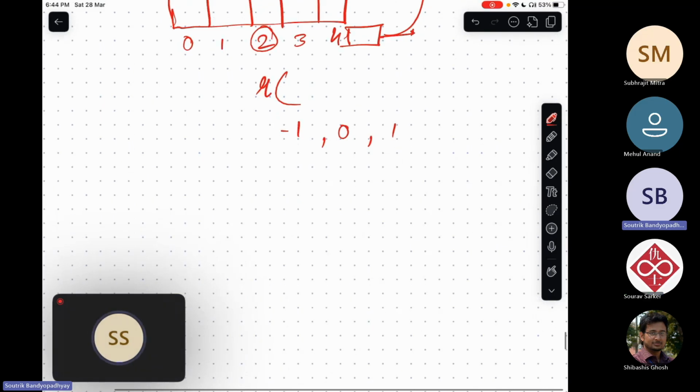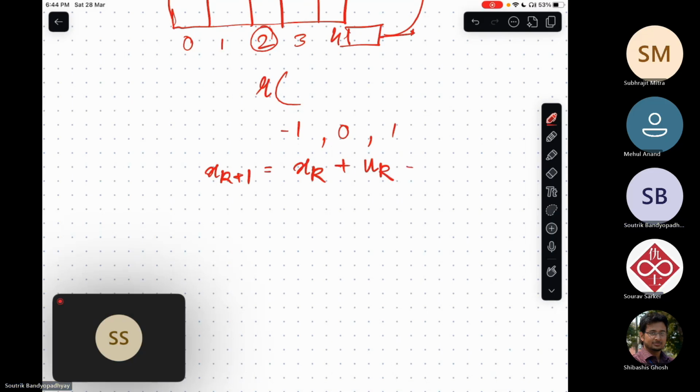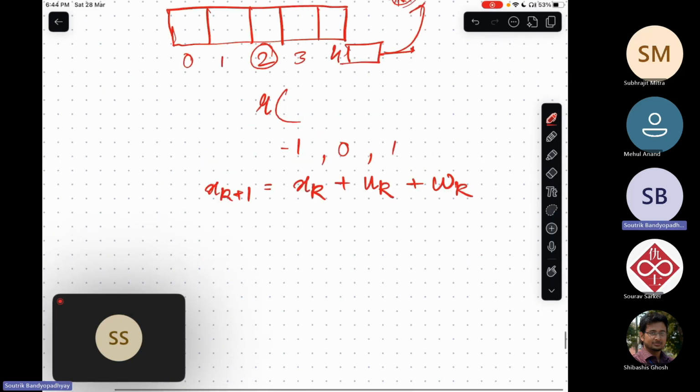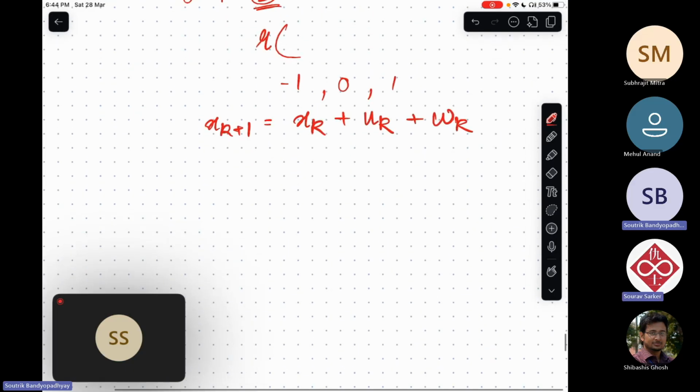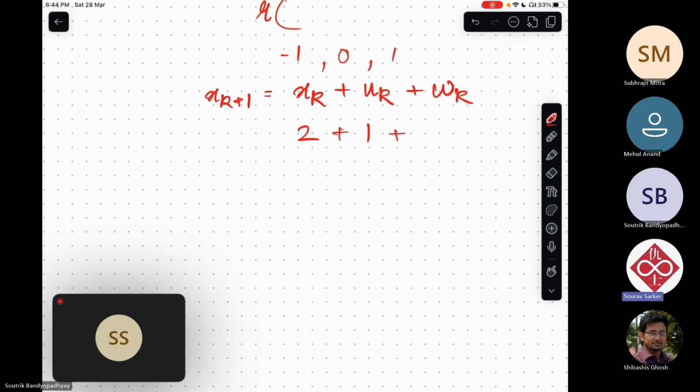Let's say this is the dynamics: x_{k+1} equals the current state x_k plus this action u_k plus some noise, right? So if I am sitting at 2 here, and I apply this action 1, and this disturbance is, let's say, 100.